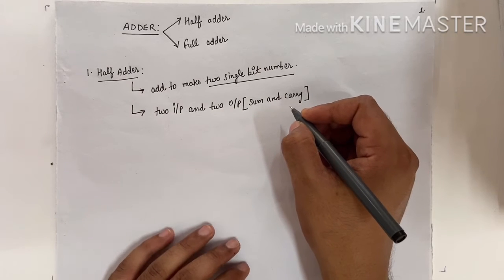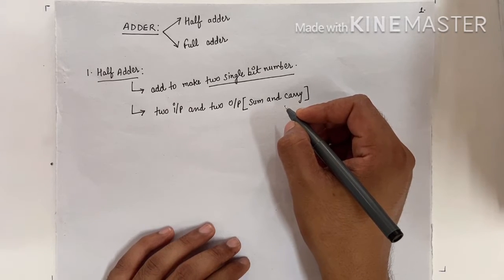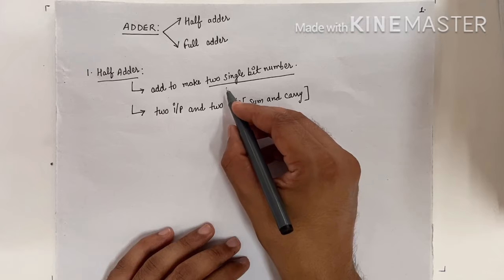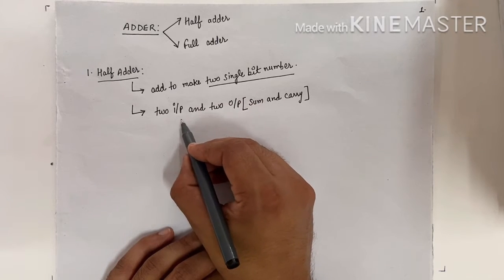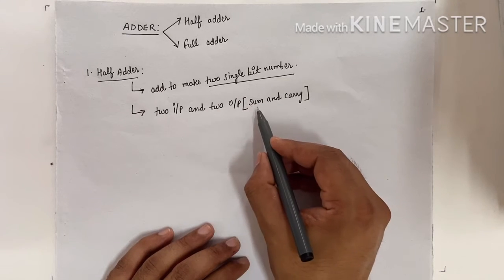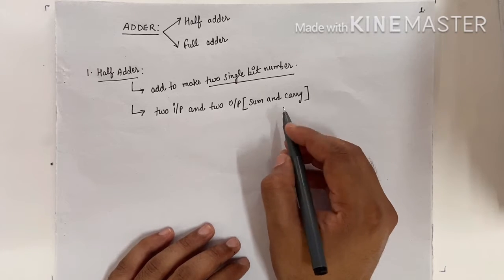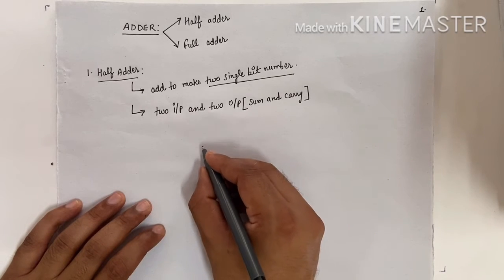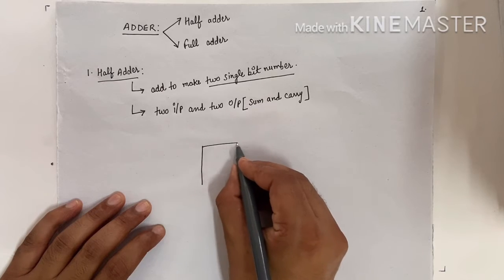I will repeat again. In the half adder we have to add two single bit numbers. It consists of two inputs and two outputs. Outputs are in the form of sum and carry. Now we will see the block diagram of half adder.